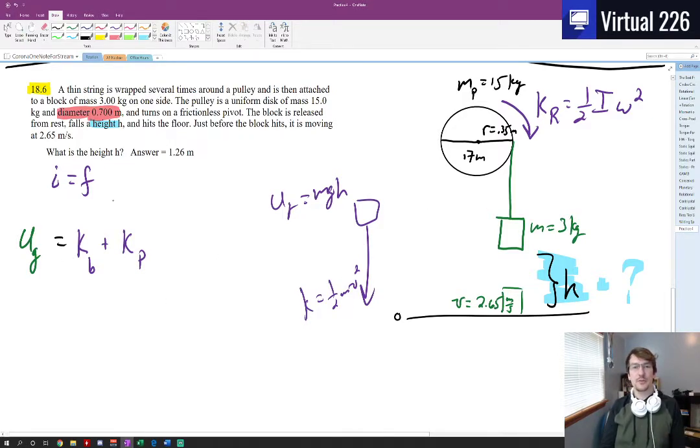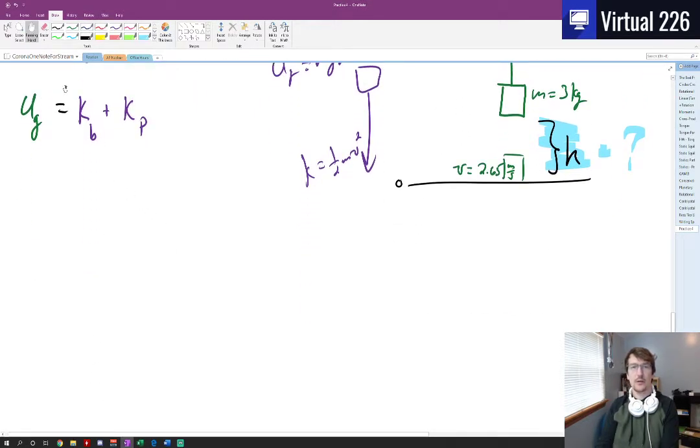Let's try to plug some stuff in and see what we can figure out. For our block, gravitational potential energy is mgh. Let's write this all out with variables first, then we'll go back and put in numbers. So we're going to have mgh, and this h is what we want to solve.